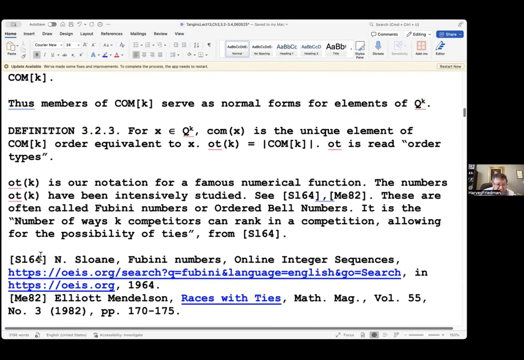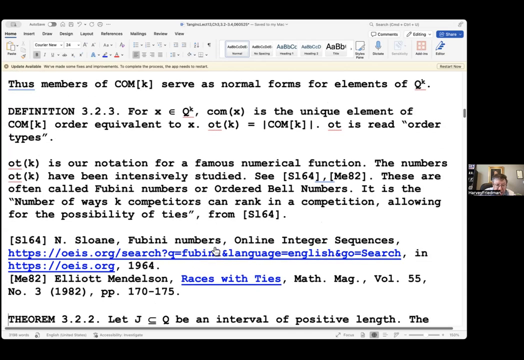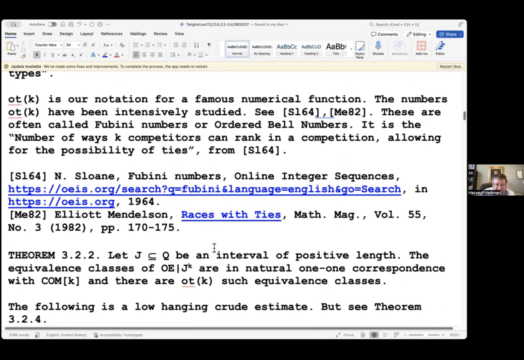A couple of references: the Sloane Online Encyclopedia of Integer Sequences, a well-known, very useful thing. For all the natural infinite sequences of integers that come up, if you just look at the first few terms, generally that determines the rest of it. Not in any formal sense, but in practice.